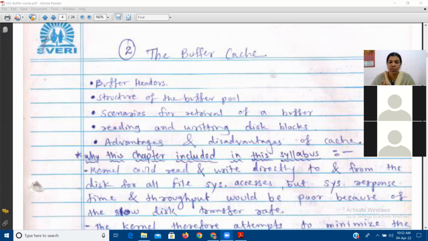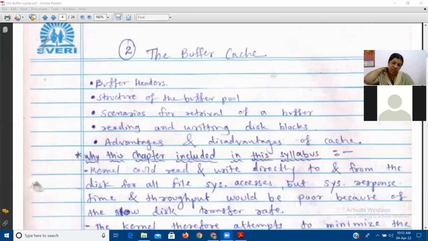If we use the buffer cache, buffers, we can read data fast from the buffer, and once the read is complete the read operation can be stopped. Then we are trying to modify the buffer, et cetera. So that's why disk traffic will get reduced using the buffer cache, as well as access time will be reduced with the help of the buffer cache. So that's why the buffer cache is used.